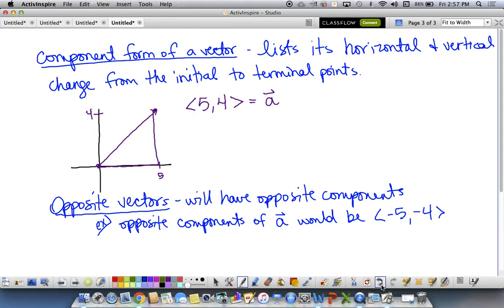Yay, good job. Next, guess what? You can actually add vectors together. Okay? So if I have a vector, let's say vector Q, and it has components of 2, negative 1.